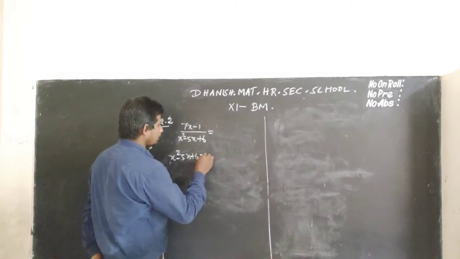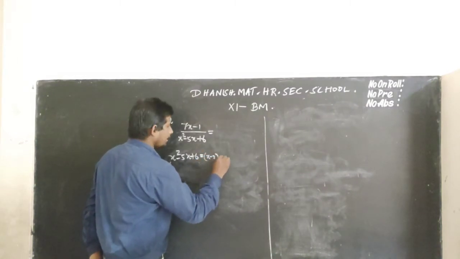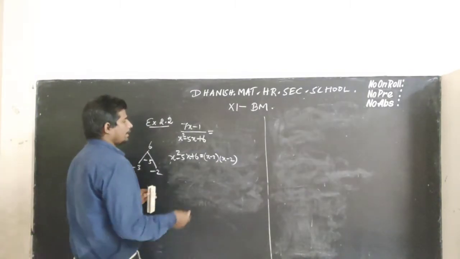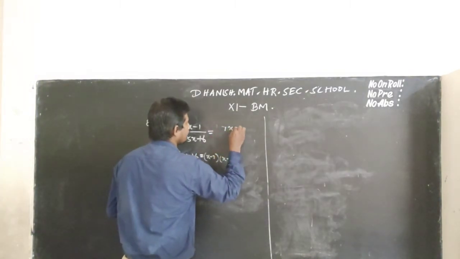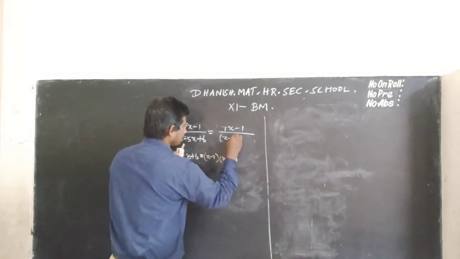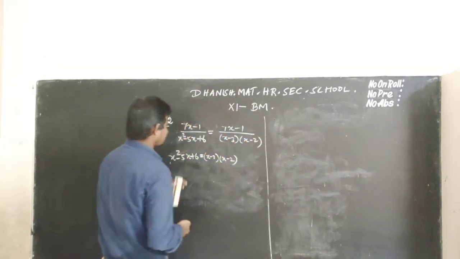So the factors will be x minus 3, x minus 2. So the denominator can be written as 7x minus 1 divided by x minus 3, x minus 2.